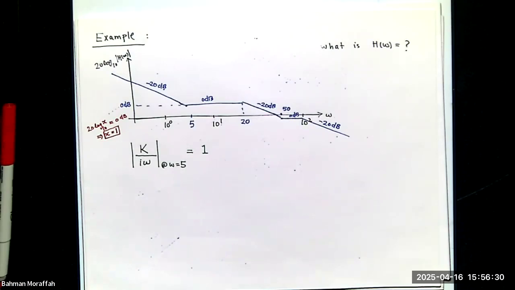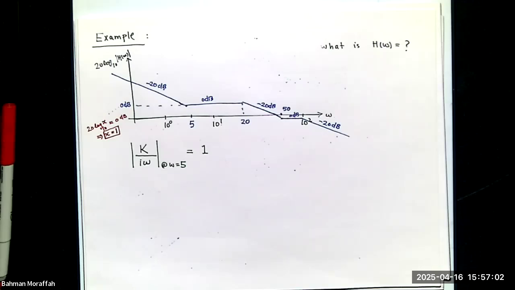Remember, these functions are on top of each other and they get added to each other. So if I wanted to plot this, I have to plot 20 times log 10 of this plus 20 times log 10 of this 1 over I omega. But I know this 1 over I omega comes from infinity till it hits this 5, and that tells me this k, just like the previous example we did.